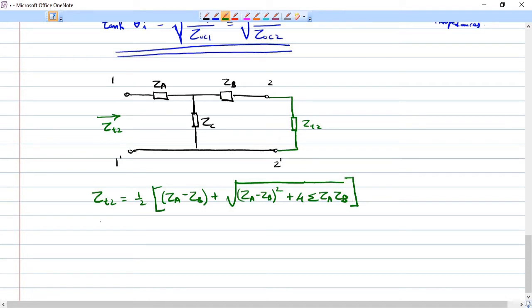Okay. Also, I have told that you can follow similar lines to derive ZT1.